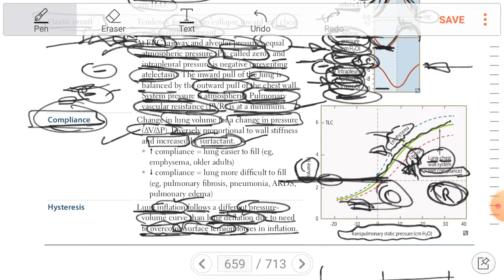And it's inversely proportional to wall stiffness. Why? Because if there is stiffness of the wall, there is no expansion, so there is a decrease in compliance.